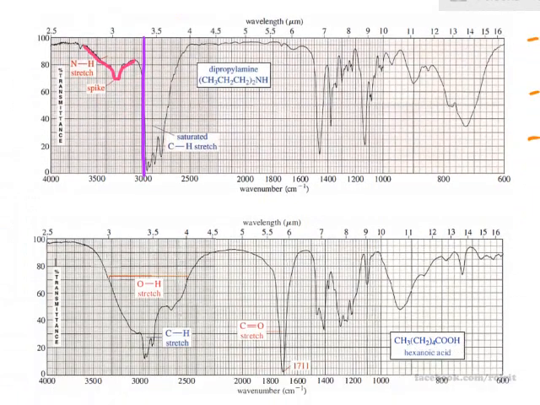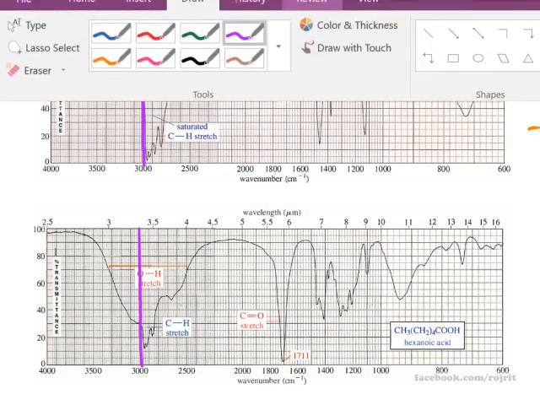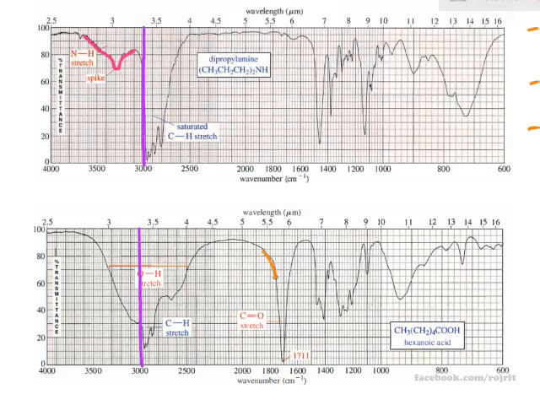Next, the carboxylic acid. For carboxylic acid, you have 3000 over here again. You have the carbonyl, which appears around 1700. This is the carbonyl, which you can normally see also in aldehyde and ketone.